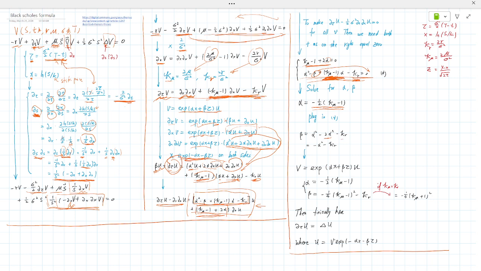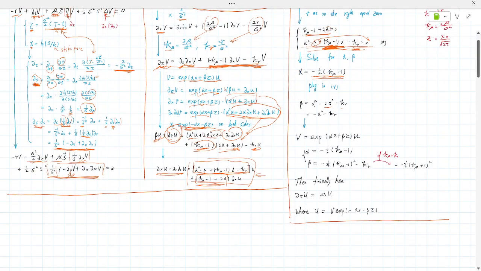So it ended up becoming beta equals negative alpha squared minus kappa r. So now we have v equals exponential alpha x plus beta tau u, where alpha and beta are such. In the case of mu, kappa mu equals kappa r, we have this for beta.